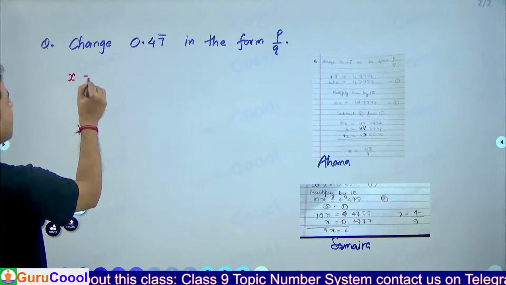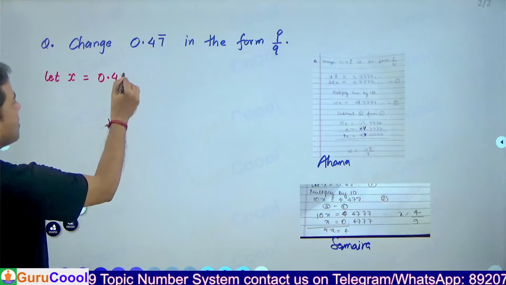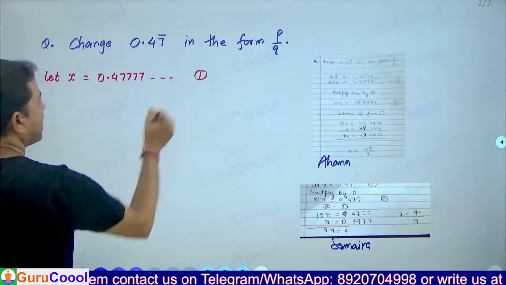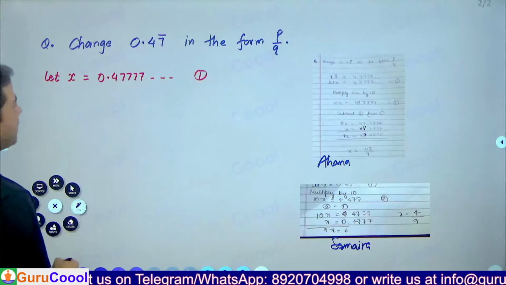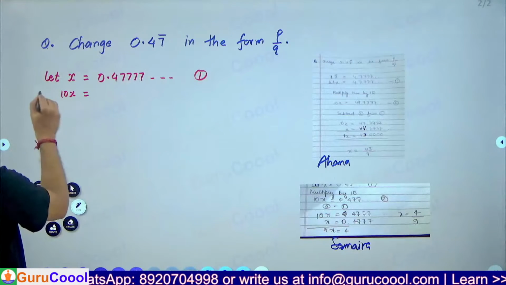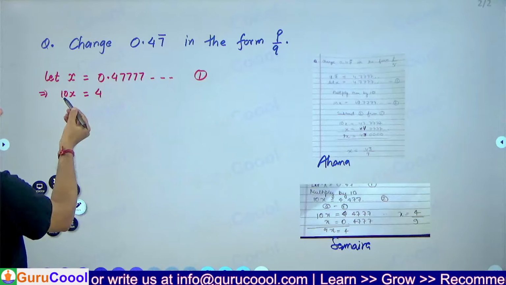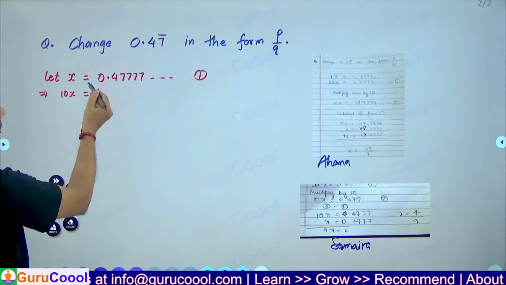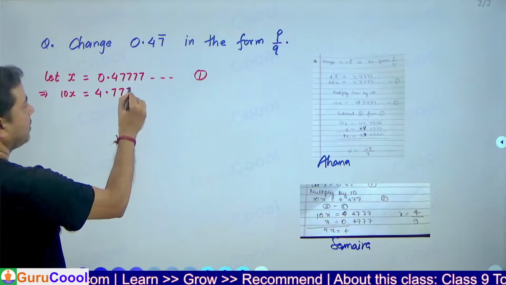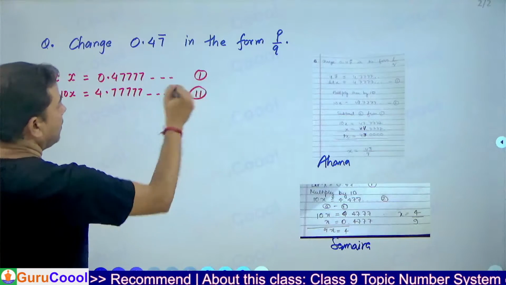Let's take x is equal to 0.4777 and so on as the first equation, and let us multiply with 10. 10x is equal to, since only 1 zero we have multiplied here, one digit will come on the left side of the decimal, 4.77777 and so on till infinity.